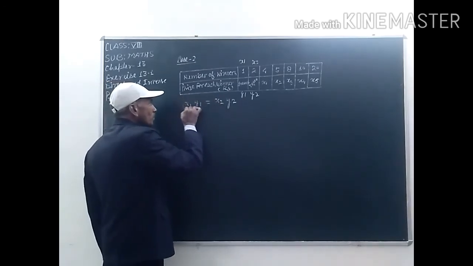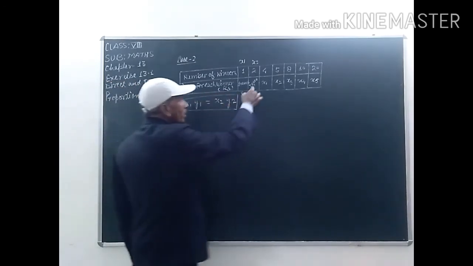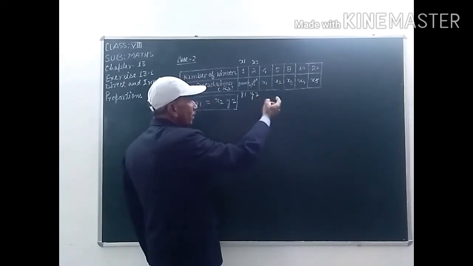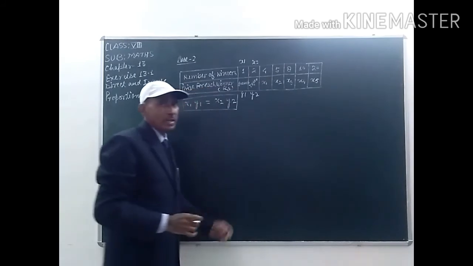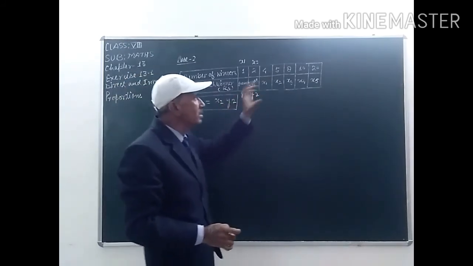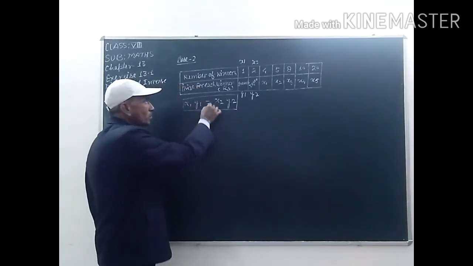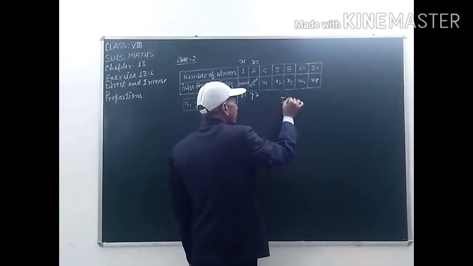We have to use this formula to find the unknown amounts, which we have assumed as x1, x2, x3, x4, x5.